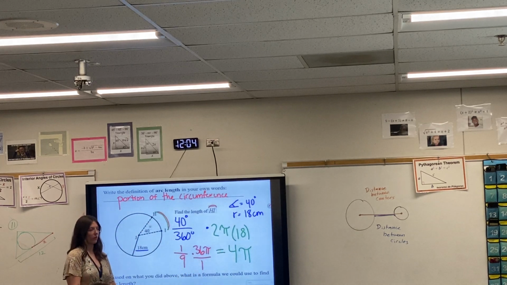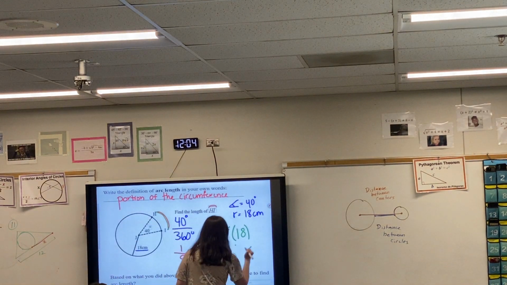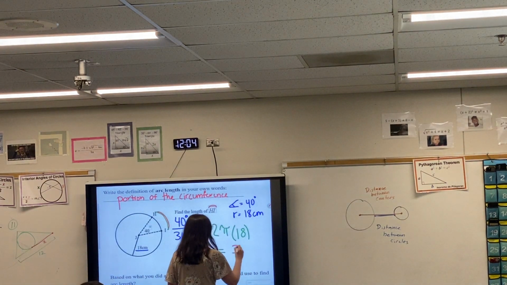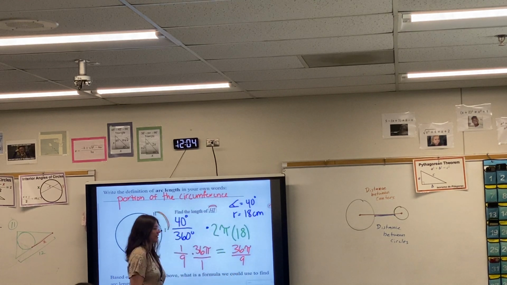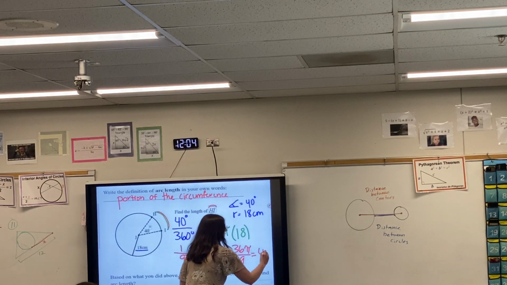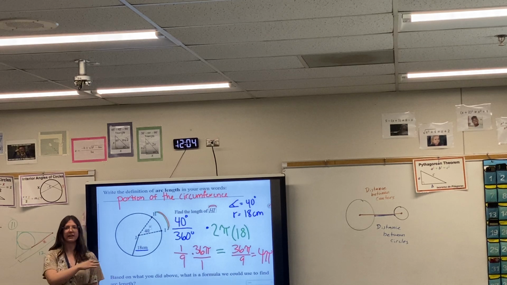If it's just a whole number, it's over 1. So I multiplied across, which in this case is 36 pi over 9. So I just skipped a step, I just simplified it. And so we said that, when you simplify it, is 4 pi. Does everyone see that?